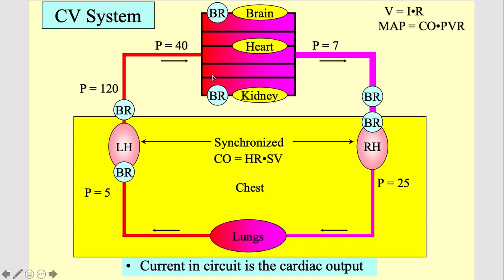You can see here that after it exits the capillaries and venules, our pressure is only about 7 millimeters of mercury, which eventually gets pretty much down to 0 once it gets to the right heart. And then the right heart adds pressure back to it, from squeezing and its pump-like activity, to increase it to about 25, and then push it through the lungs where it will reach the left heart again. And it's all a closed circuit, right?